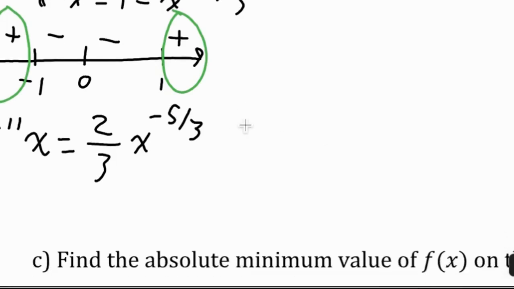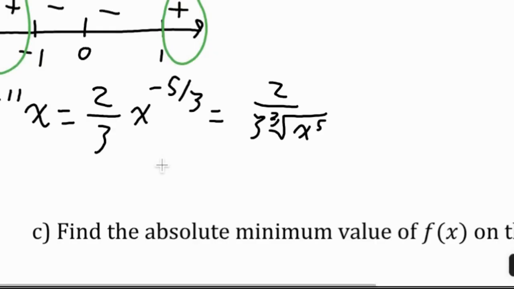And I'm going to go ahead and rewrite this as 2 over 3 cube root of x to the 5th. And I did this for the same reason I rewrote the first derivative. It's just so that we can make our sign chart and find our critical points a little bit easier.